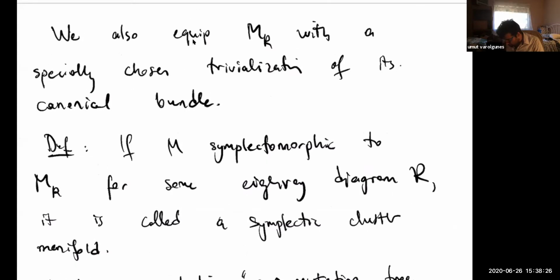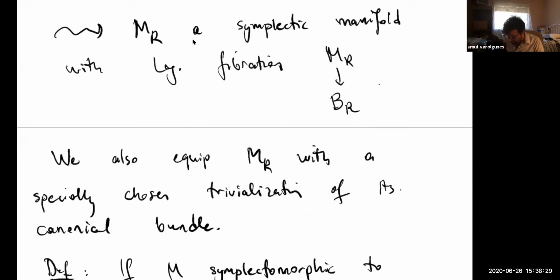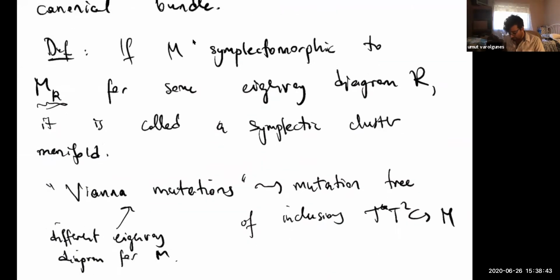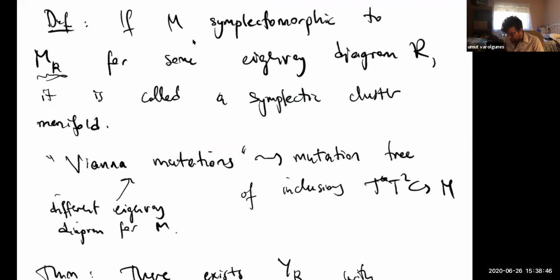Okay, so now, if I have a symplectic manifold that's symplectomorphic to M_R for some eigenray diagram, then I call it a symplectic cluster manifold. One reason to call it a symplectic cluster manifold is because it admits some kind of mutation tree of inclusions from the cotangent bundle of the torus into it.